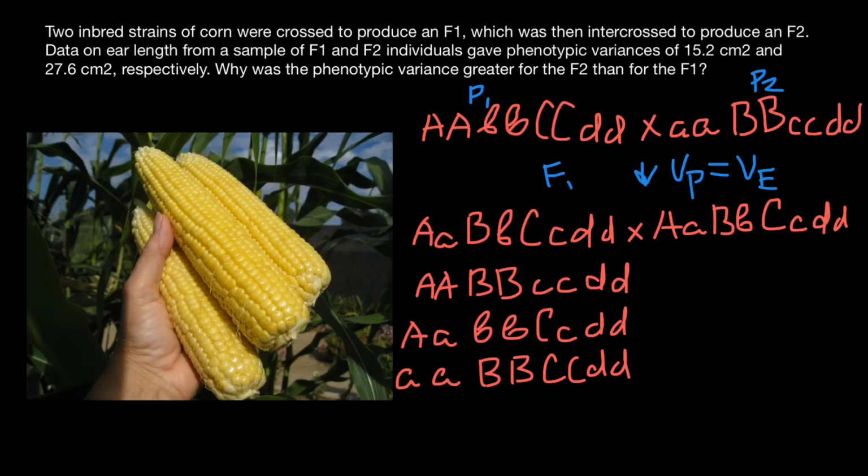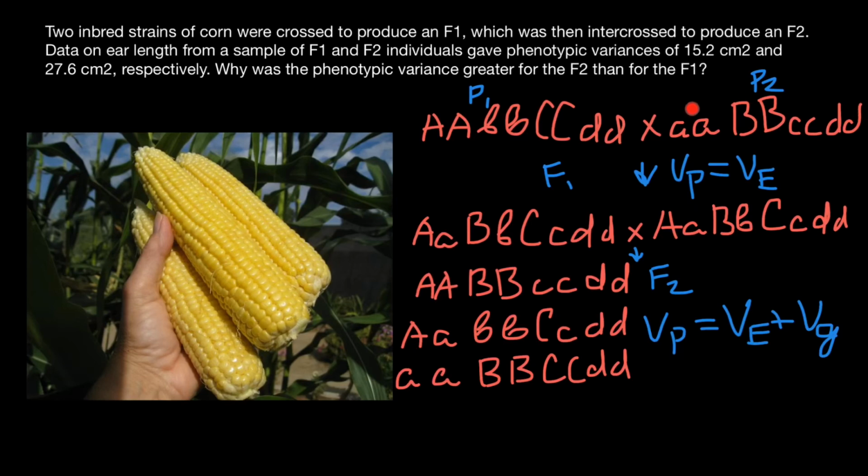And as for the F2 generation, here we would see that phenotypic variance would equal environmental variance plus genetic variance. One more time, in the parental generation we have two inbred lines. So parent 1 has genetic variation 0.